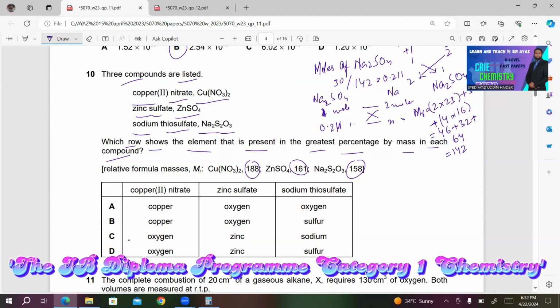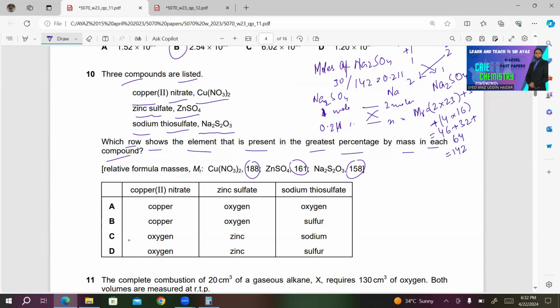Let's see. For copper(II) nitrate, they have mentioned copper and oxygen. We need to know the AR of these elements. Copper, Cu, oxygen, O, Zn, zinc, sulfur, sodium, Na.